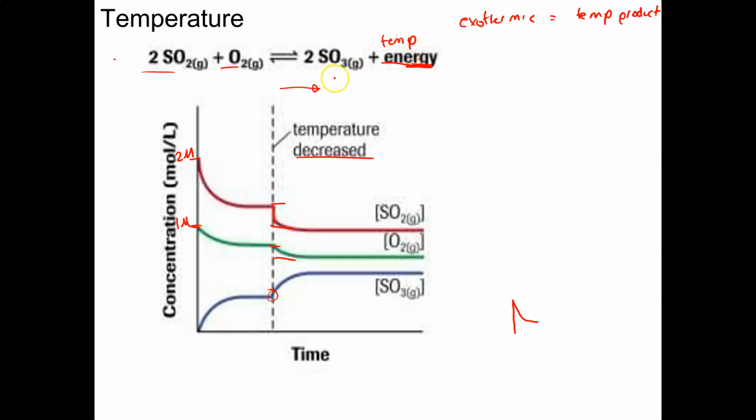So that means what you're doing stress-wise, you're decreasing the temperature. That's the stress. So the opposite of decreasing the temperature is to increase the temperature. The way to do that is to favor the products. So if it was endothermic, by the way, put temperature on the reactant side. That's how you'll deal with it. And that's equilibrium in a nutshell.